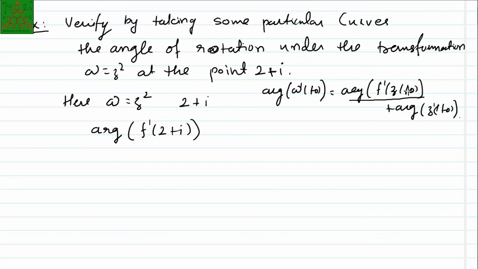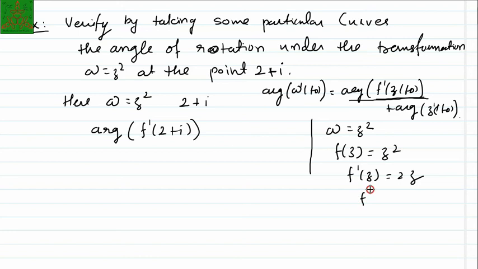So let us first calculate the argument of f dash at this point. The function is f of z equals z square, so the derivative will be 2z, and at the point 2 plus i this will be 2 into 2 plus i, which is 4 plus 2i.